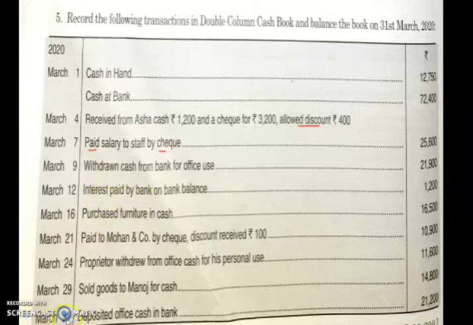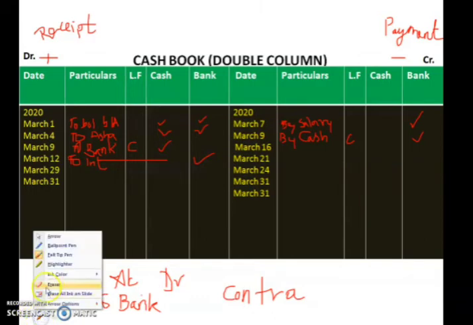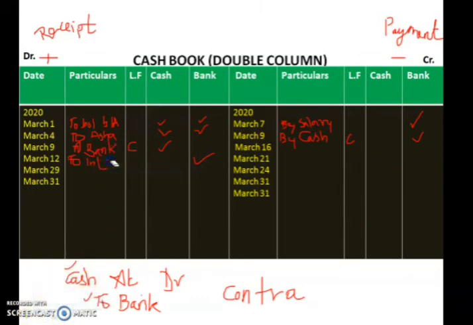Okay, so after reading the question only you make out the transaction. So on March 12th we have received the interest. So here you have to write to interest. Okay, and because it is through bank that we have received this interest, you have to write the amount in the bank column. Okay, so this is how you have to make the entry for bank.